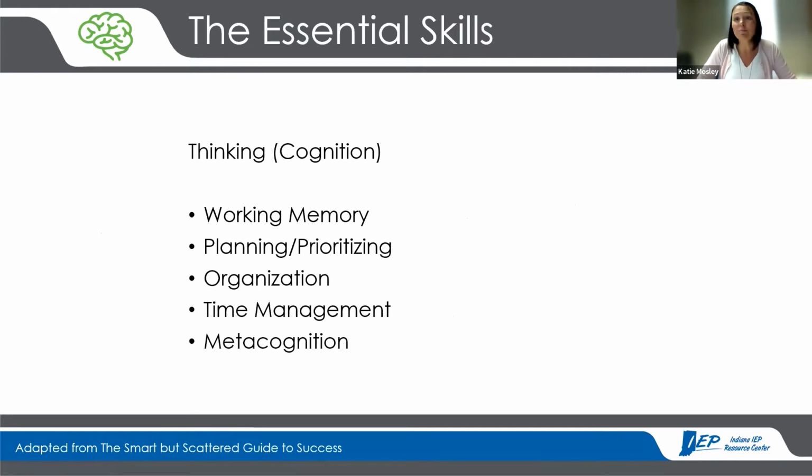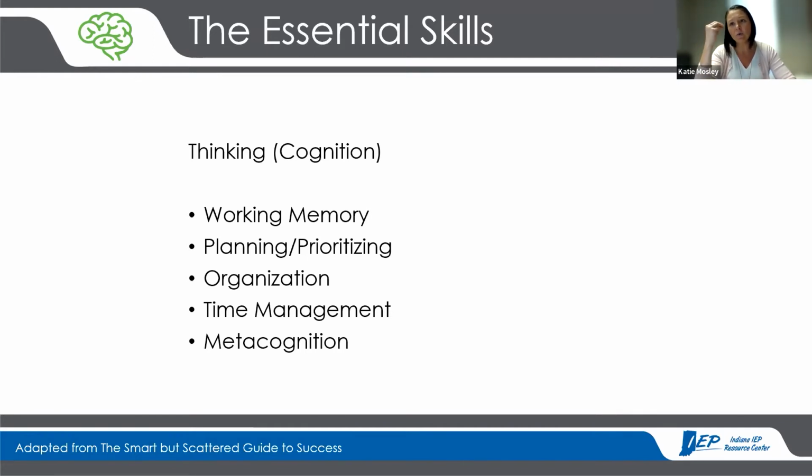Our skills are really broken down into a couple of different categories. One being thinking, or the cognitive part of executive functioning. Those include things like working memory, planning and prioritizing, organization, time management, and metacognition. Working memory is perhaps one of the most important parts of cognition because it's different from short-term memory, right?